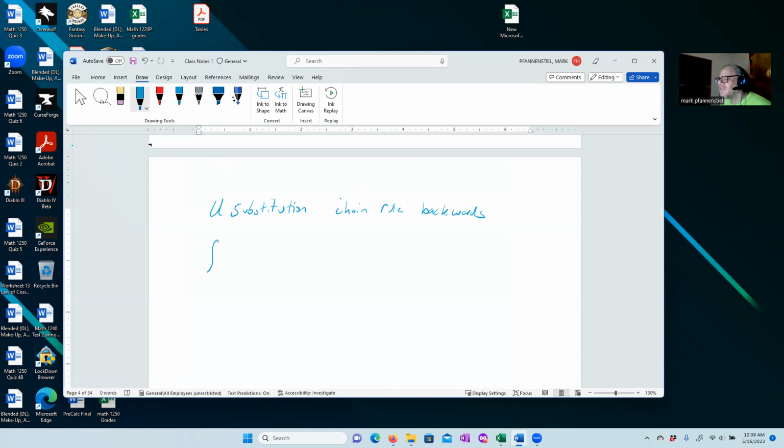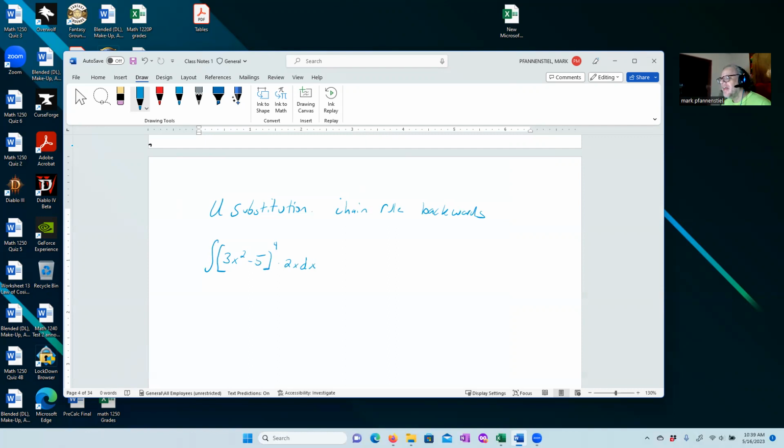So we have the integral of 3x squared minus 5, all raised to the fourth power, times 2x dx.